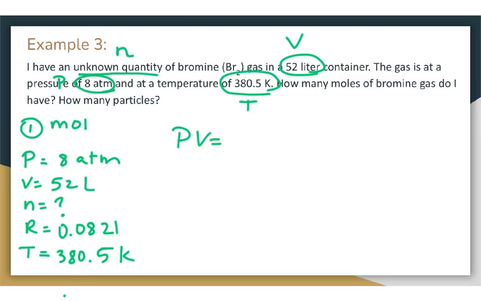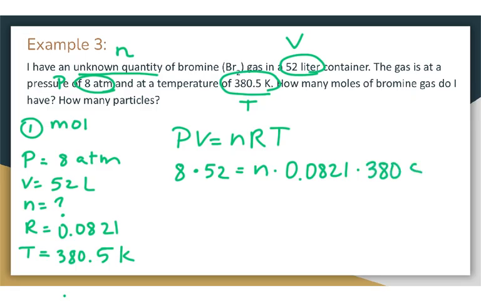And then I can plug those into my ideal gas law, which is PV equals nRT. My pressure is 8, volume 52, n is my unknown, R 0.0821, and our temperature 380.5.